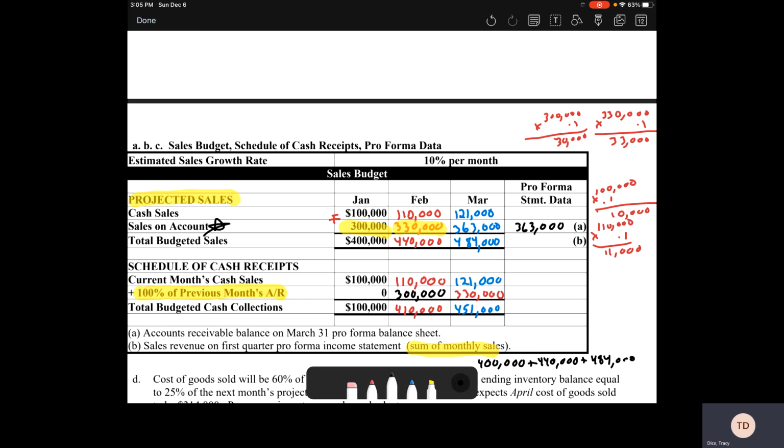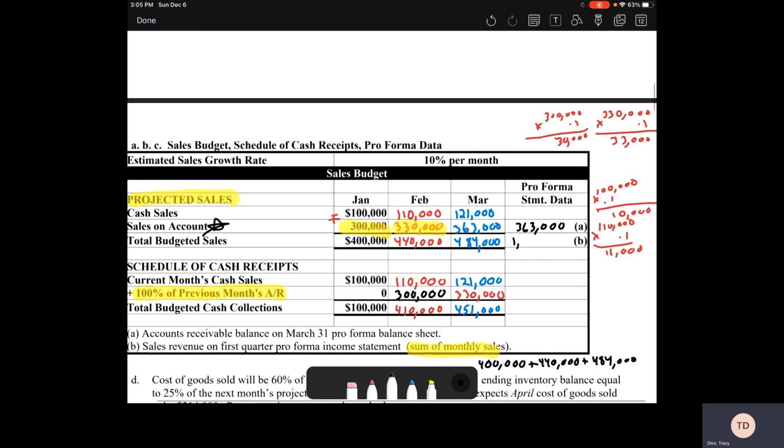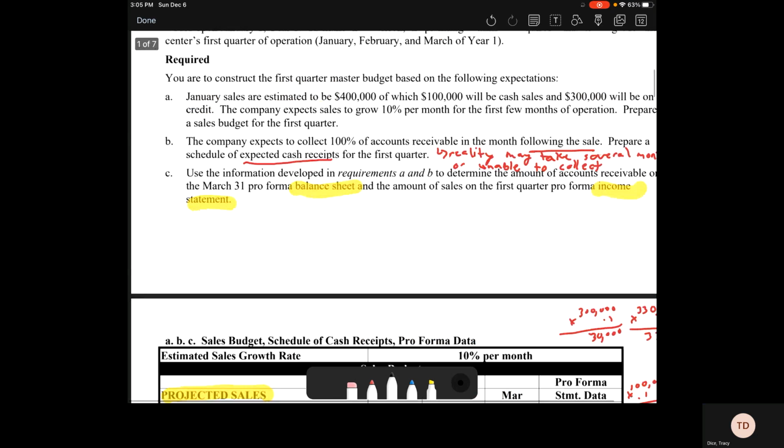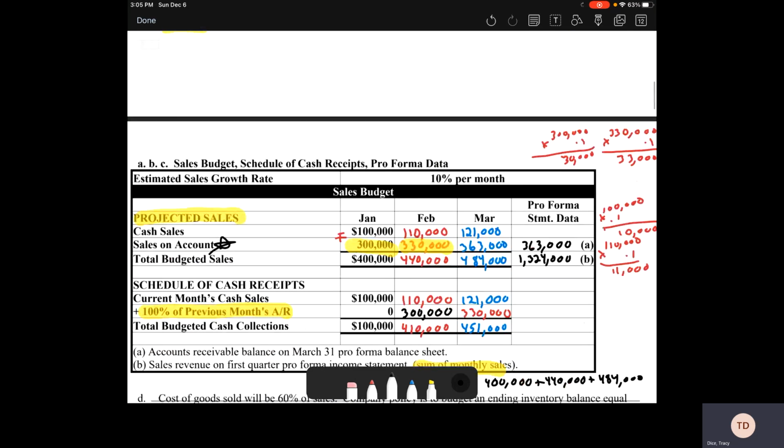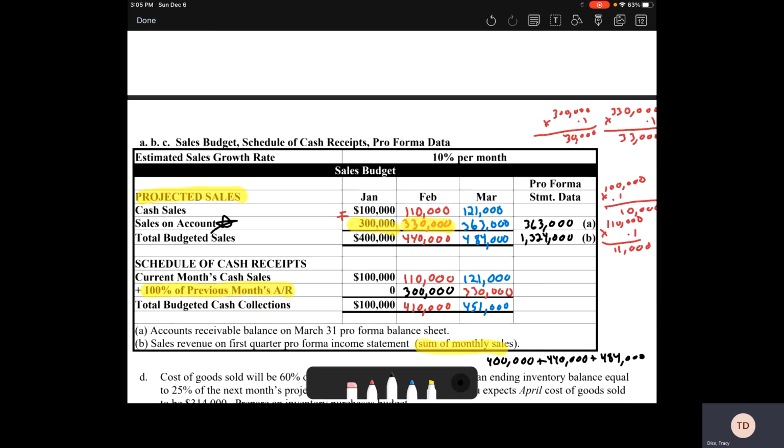And when you add all of those up, you should end up with $1,324,000, because that's what our projected sales revenue will be during that first quarter.